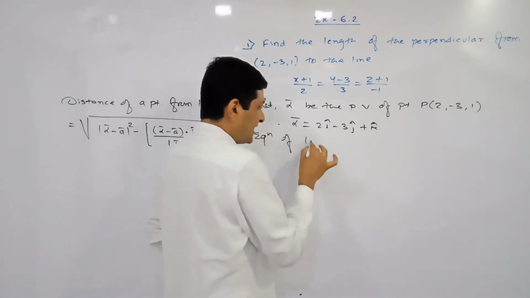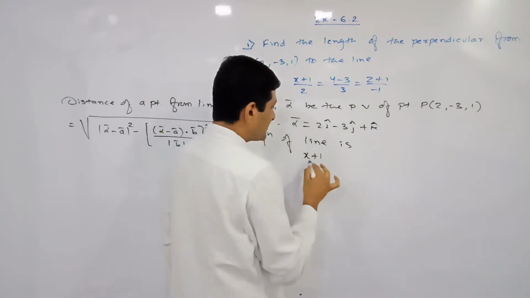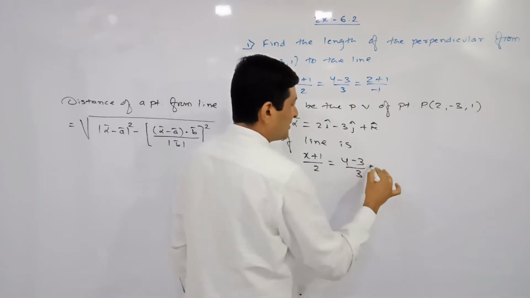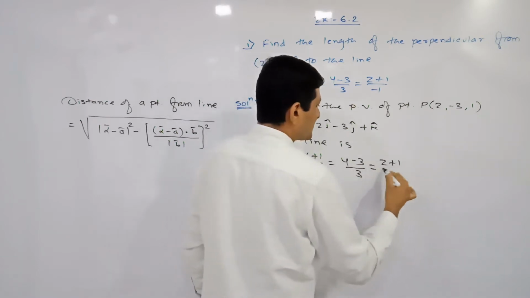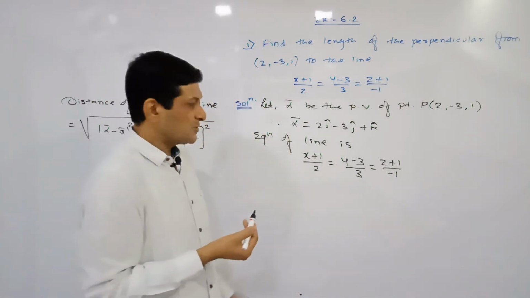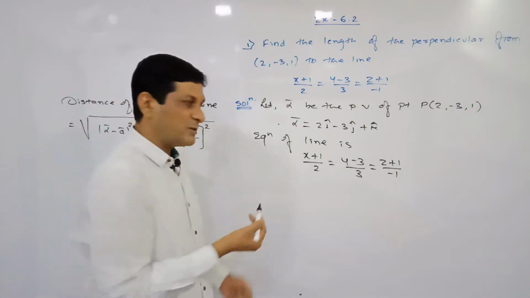Now consider the equation of line. What is the equation of line here? x plus 1 upon 2 is equal to y minus 3 upon 3 is equal to z plus 1 upon minus 1. So the equation of line is given to us. From this equation we are trying to find out the coordinates of one point on the line.